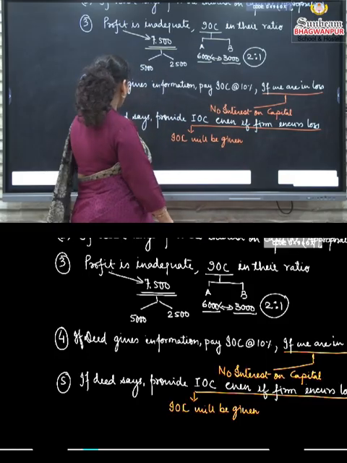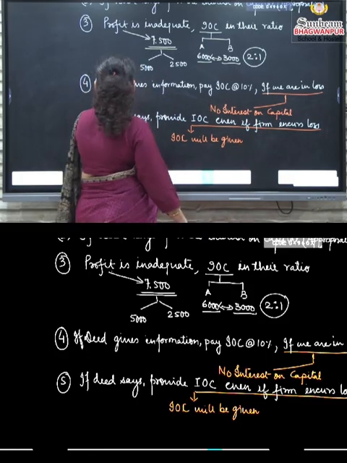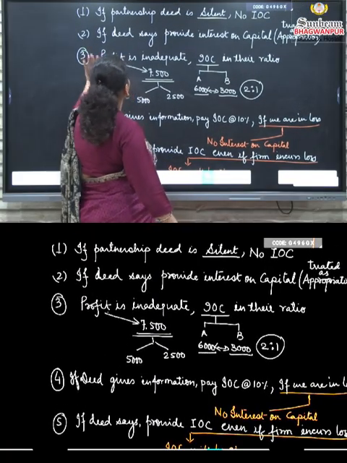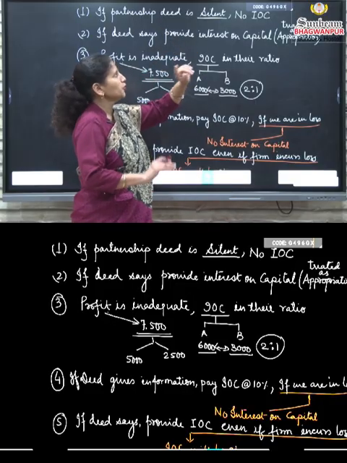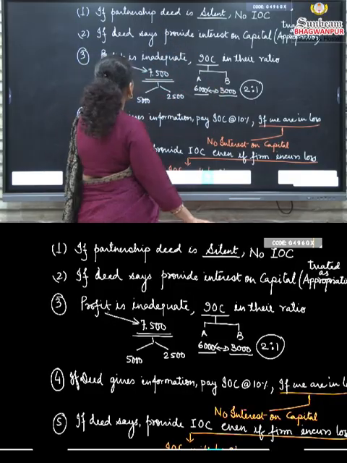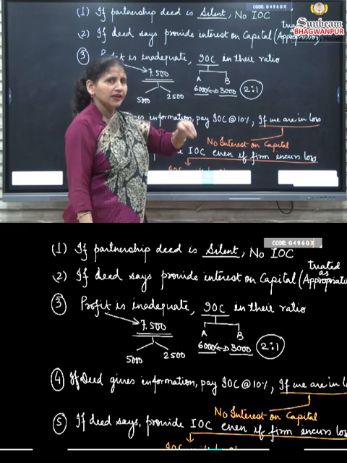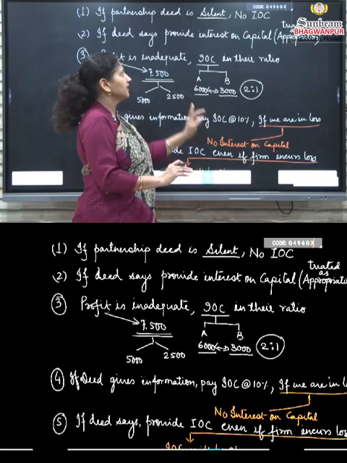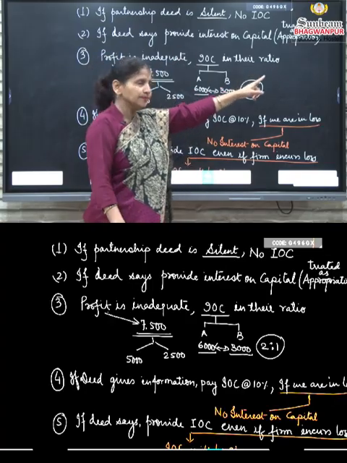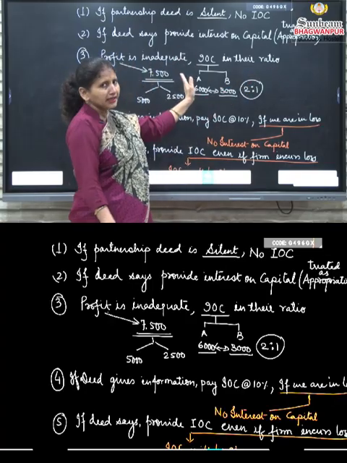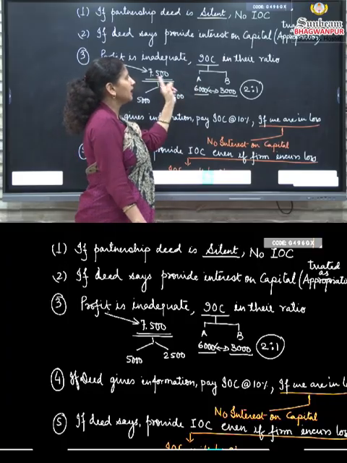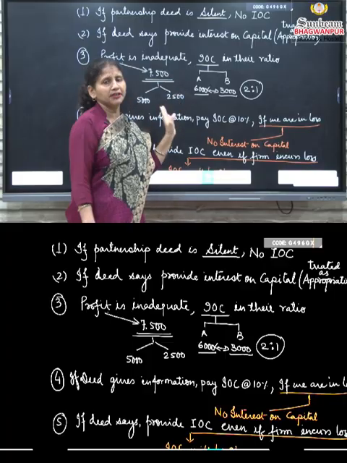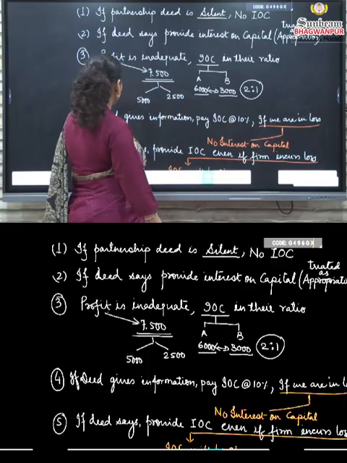So these all were the various cases. I am going to drag this on the board. I hope it is visible. If the partnership deed is silent, no interest on capital is to be provided. If the deed says provide interest on capital and we have adequate profit, then it is treated as appropriation. If profit is inadequate, then we calculate interest on capital and their ratio, and the available profit will be distributed as per the ratio.